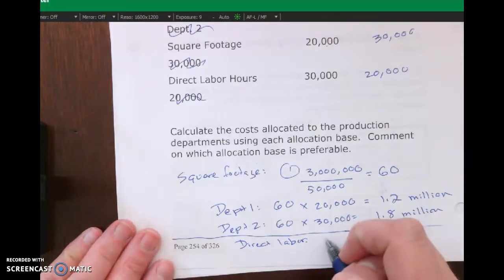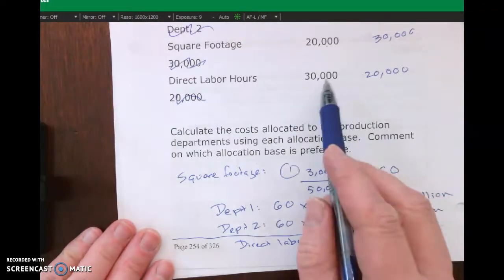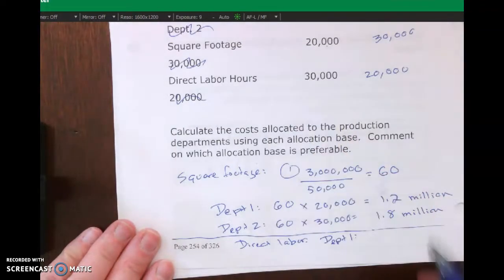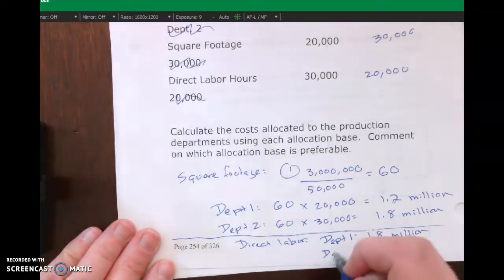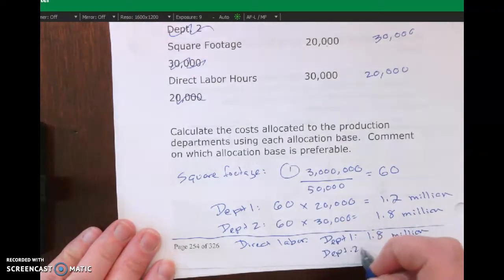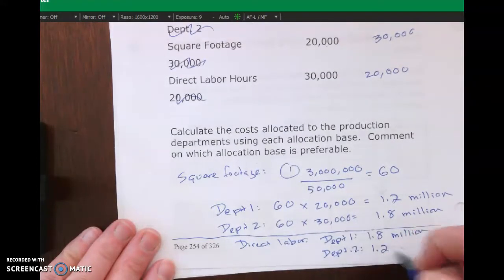So then what we say is Department 1, we say 60 times the 30,000, 1.8 million. Okay, and then we can say Department 2, it's reversed, 60 times the 20,000, 1.2 million. Okay, so it's going to be reversed that way.